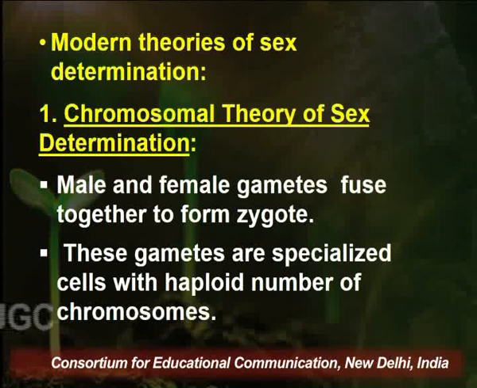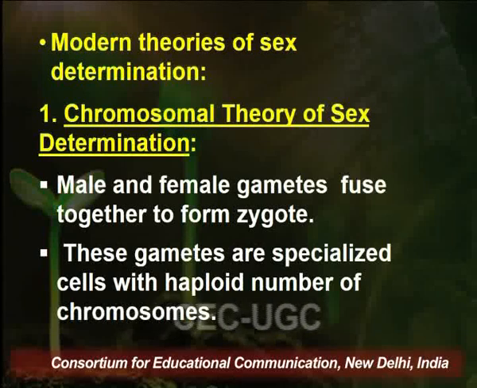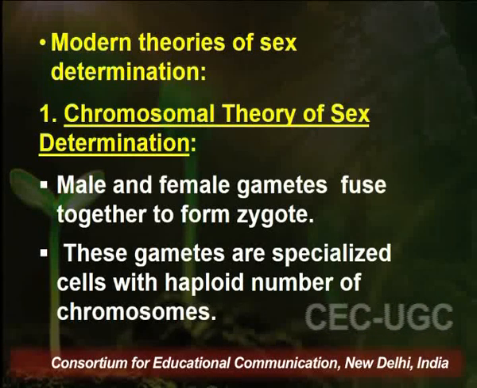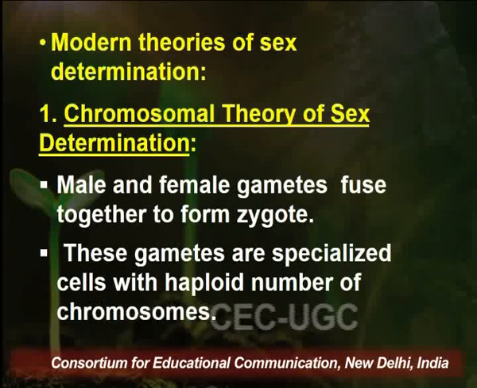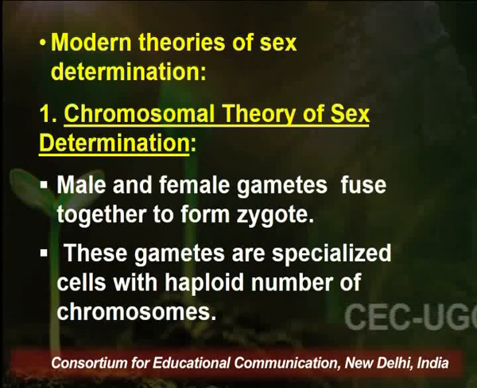The male and the female gametes fuse together, syngamy takes place, and we have the formation of a zygote. These gametes are specialized cells with a haploid number of chromosomes, which after fusion give rise to a diploid individual.